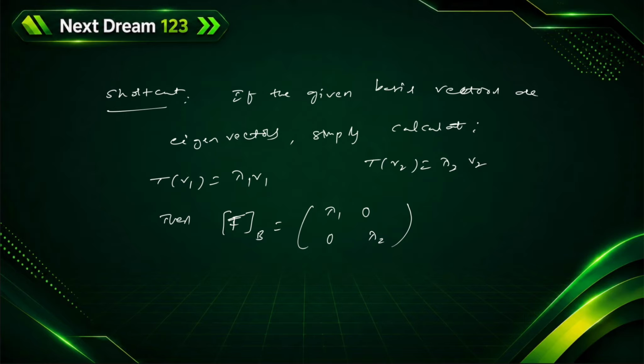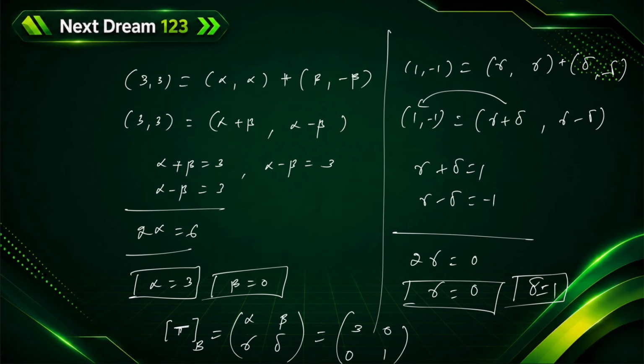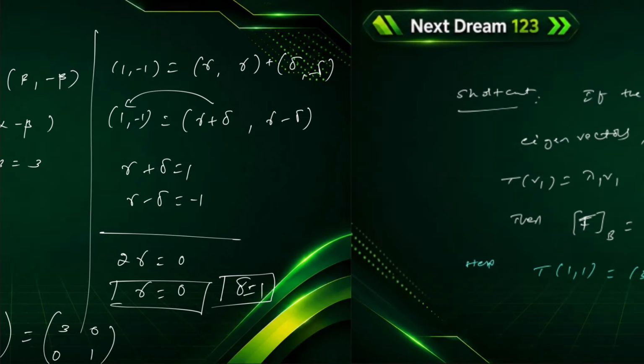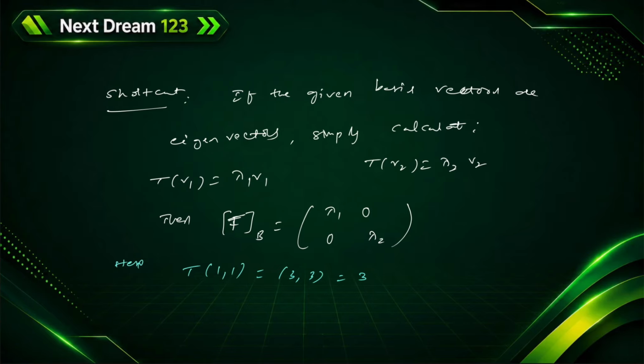If you observe in this question, T of 1 comma 1 we got 3 comma 3, correct? It can be written as, take 3 outside, we get 1 comma 1. This is V1, this is also V1, and lambda 1 is 3.